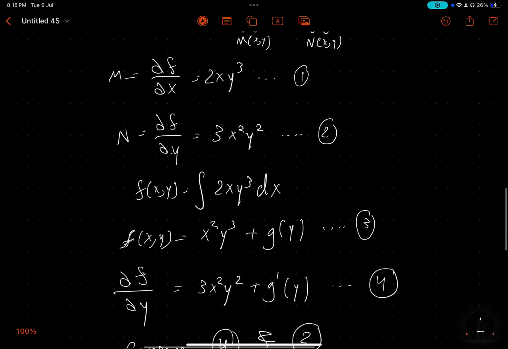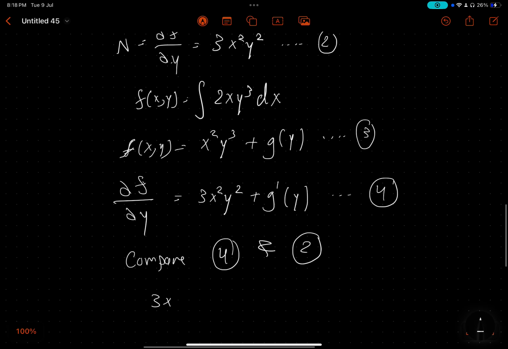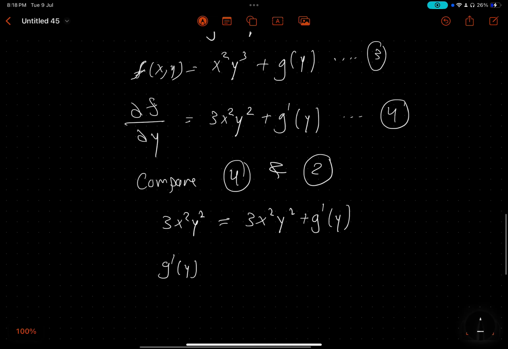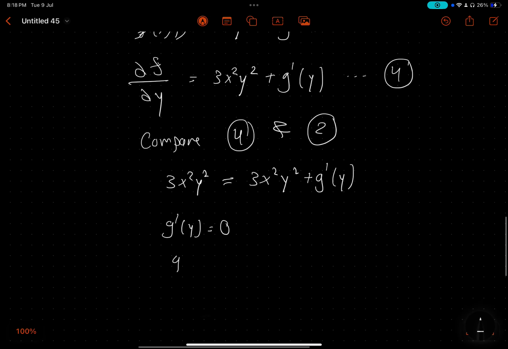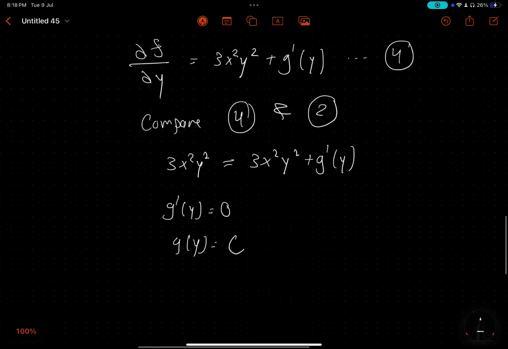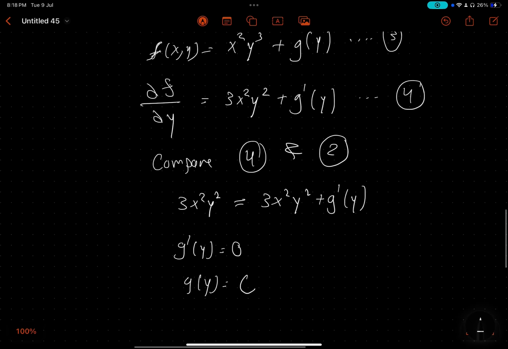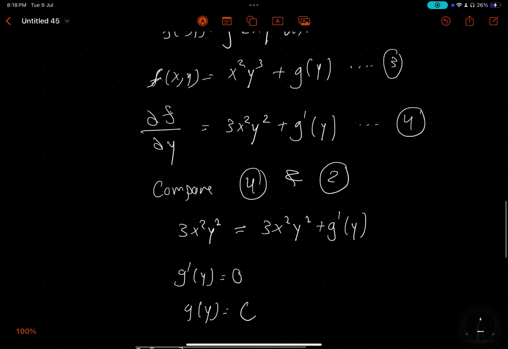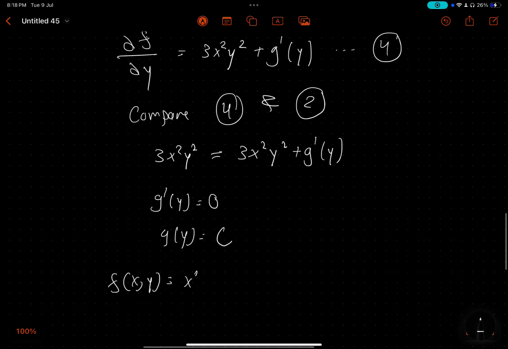Now 2 is just 3x squared y squared, which equals 3x squared y squared plus g prime of y, which means that g prime of y is just 0, and now g of y is just c, a constant. This leads us to f of x y equals x squared y cubed plus c.